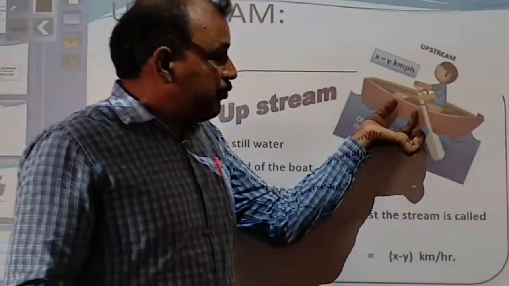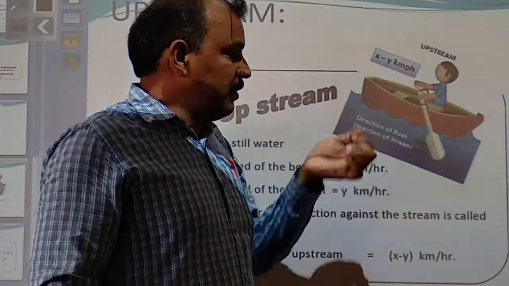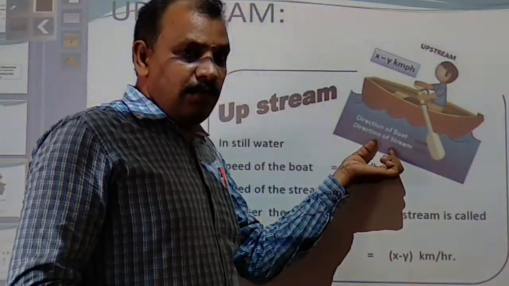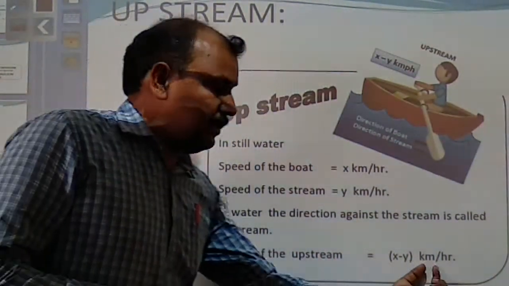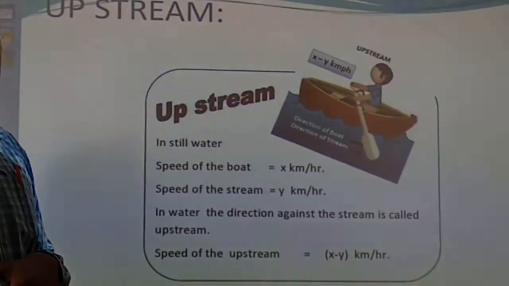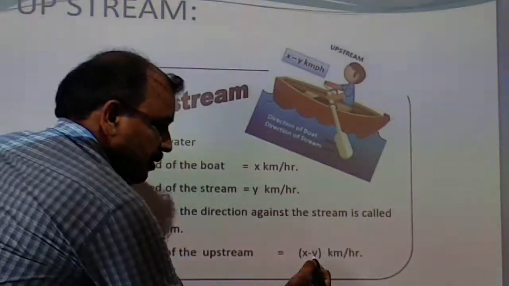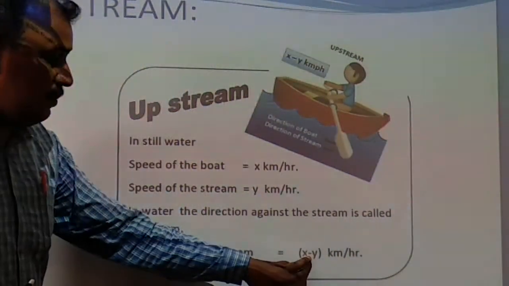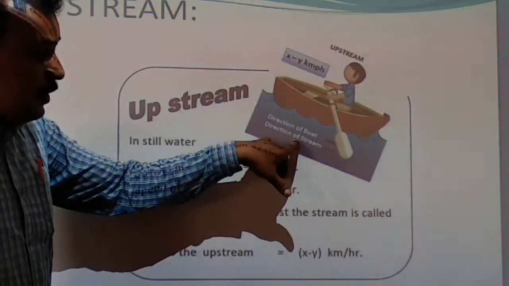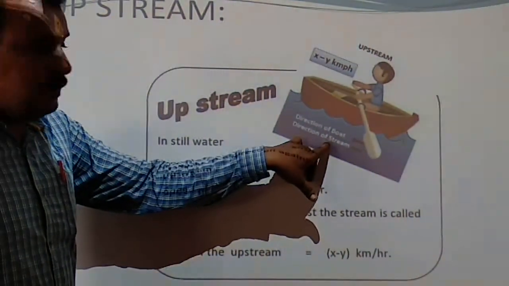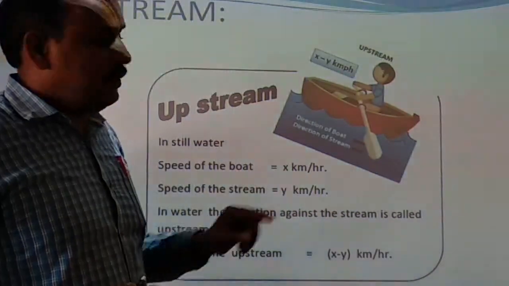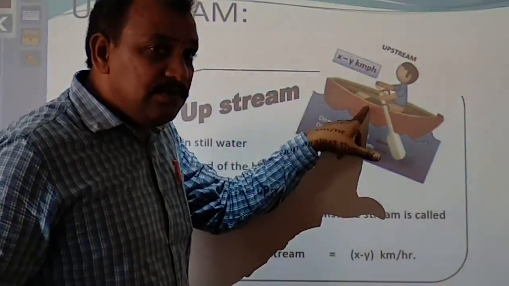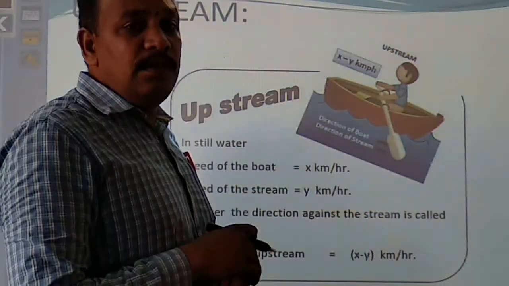Let us take speed of the boat x kilometers per hour and speed of the stream y kilometers per hour. Then speed of the upstream is equal to x minus y kilometers per hour. Here minus is important. The speed of the stream reduces the speed of the boat.